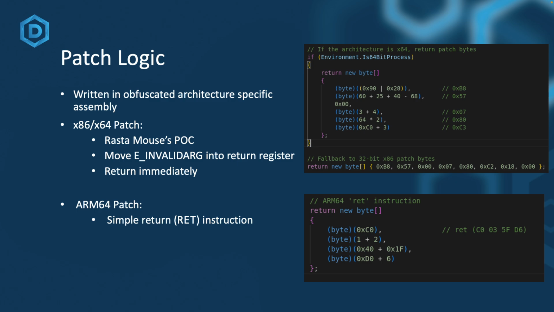On the top, you'll see x64, and then below that, there's a string that falls back to an x86 patch byte. These are based off of Rostam Mouse's exact patch code, right? It's the same thing, just obfuscated a bit to defeat the antivirus.